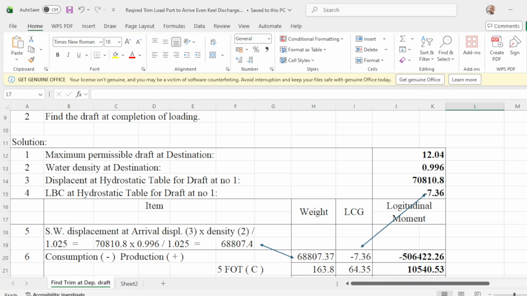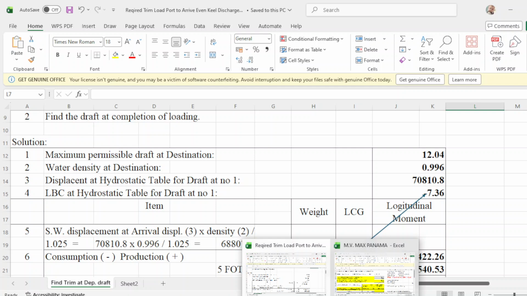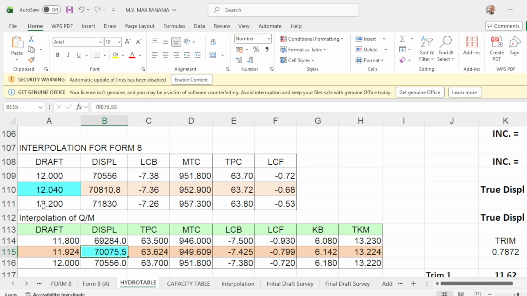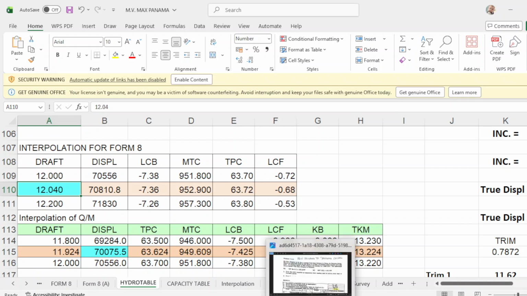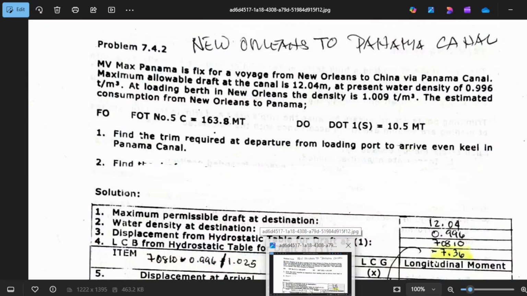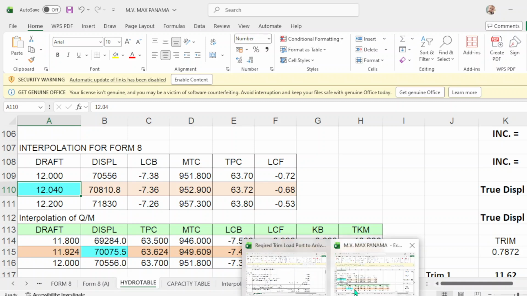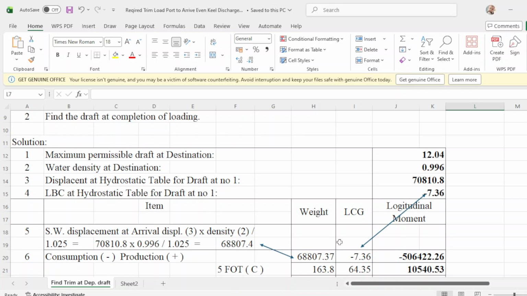We go to the hydrostatic table to confirm. 12.08, is that 12.04? I'm sorry, 12.04. So the 12.04 displacement is 70810.8, which is this one, 70811.